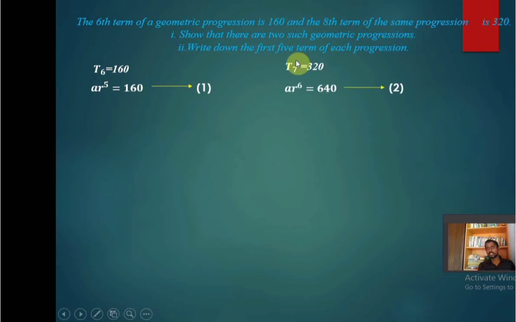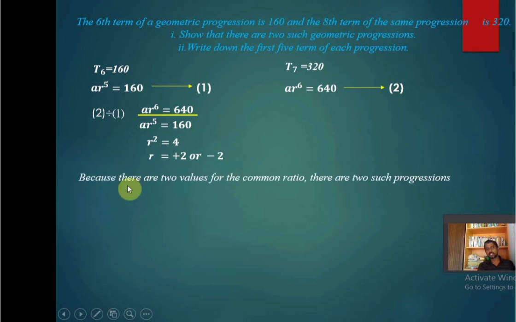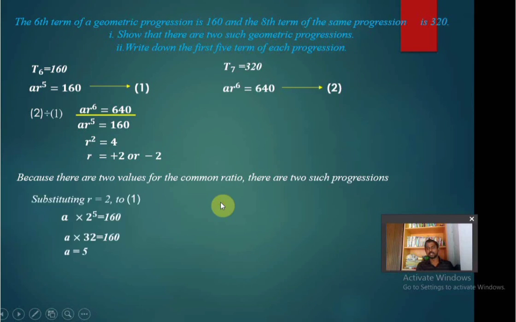Then the seventh term they gave is 320, so ar^6 equal to 320. Then ar^6 over ar^5, so r equal to 2. Then a equal to 5.